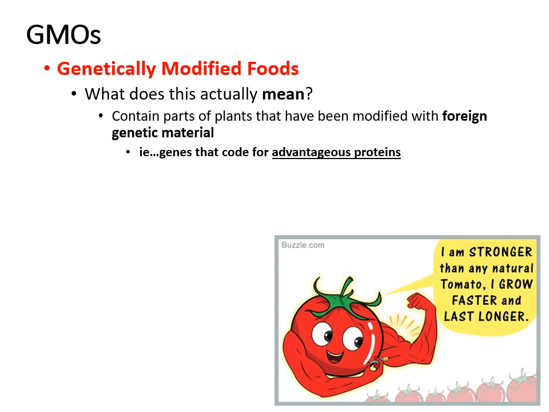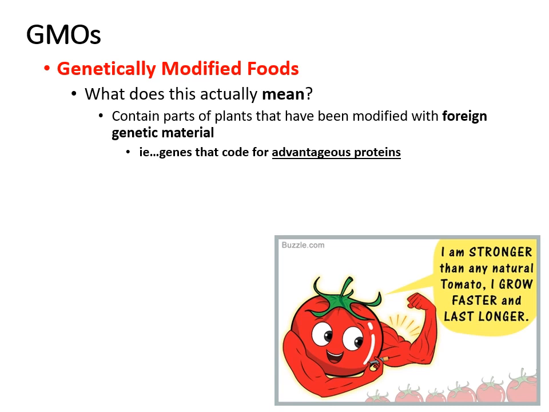And ultimately, as you already know from our transformation experiments, when you are genetically modifying things, meaning adding extra foreign genetic material, the reason you're doing that usually is to code for a particularly advantageous protein.